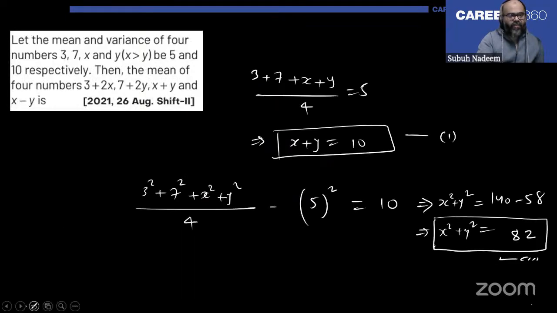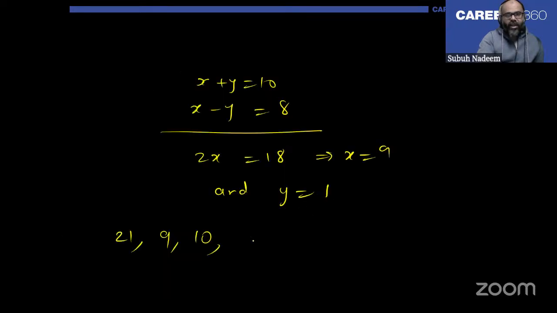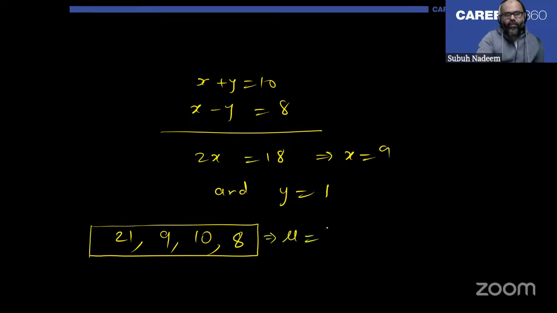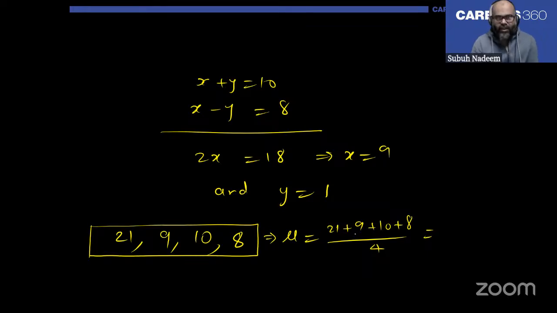And then we have x minus y, which is 8. So these four observations, their mean will be equal to (21 plus 9 plus 10 plus 8) by 4. So 21 plus 9 is 30, 30 plus 10 is 40, 40 plus 8 is 48, by 4. So that will be 12. So the mean is coming out to be 12.